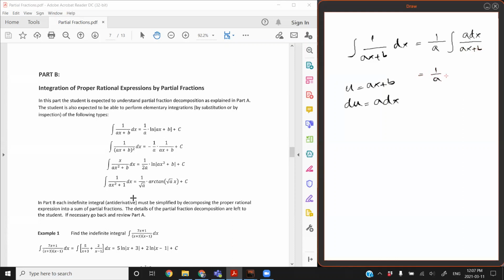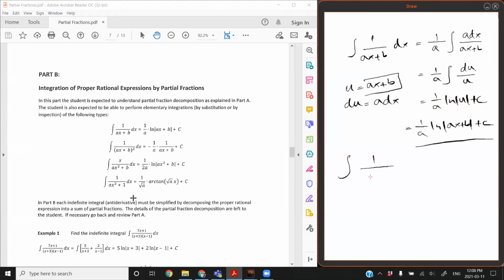This will become 1 over a antiderivative of du over u. And we know that is 1 over a ln of absolute value of u plus c. And if you replace that u with whatever it is in terms of x, you get this. So I really don't expect you to use this as a formula. You would do a substitution. Same is true for the next one.